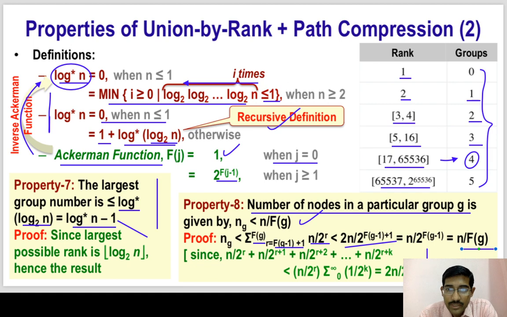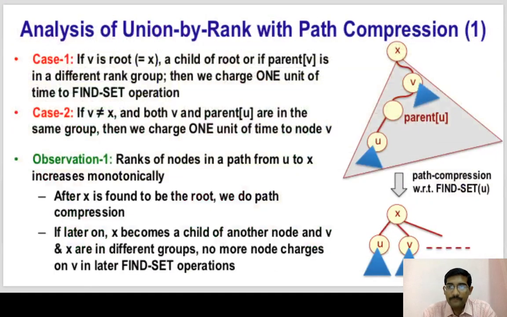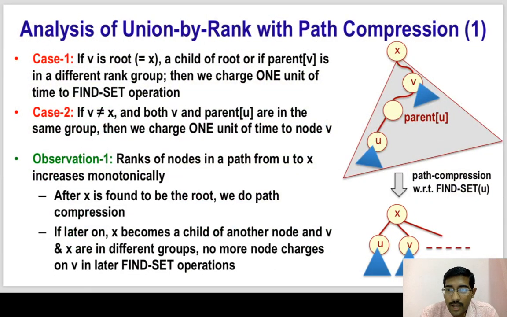Now here comes the intuition of the proof. Suppose I am doing a find u operation on a path. It proceeds in a direction through V, then to the parent of U, and then to U, as shown in this figure.